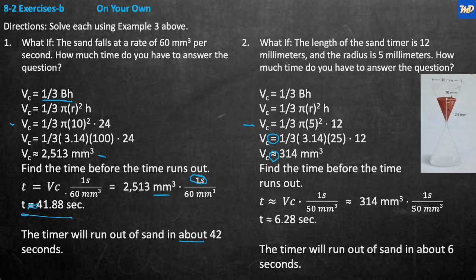So that comes out to 314 divided by 50 is 6.28 seconds. About 6 seconds. Okay? Now, had we kept it at the 60, we would have divided 60 into this, and it would have been, well, 60 would have gone into 314 about 5 seconds, or near to the 5 second mark. So there you have it.